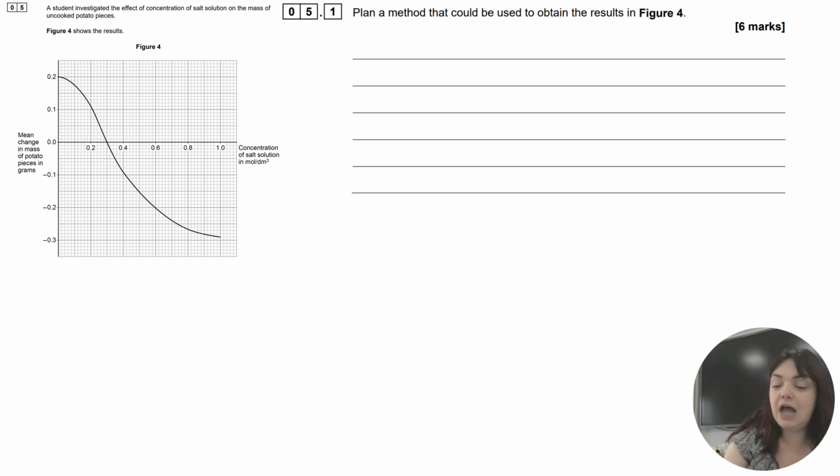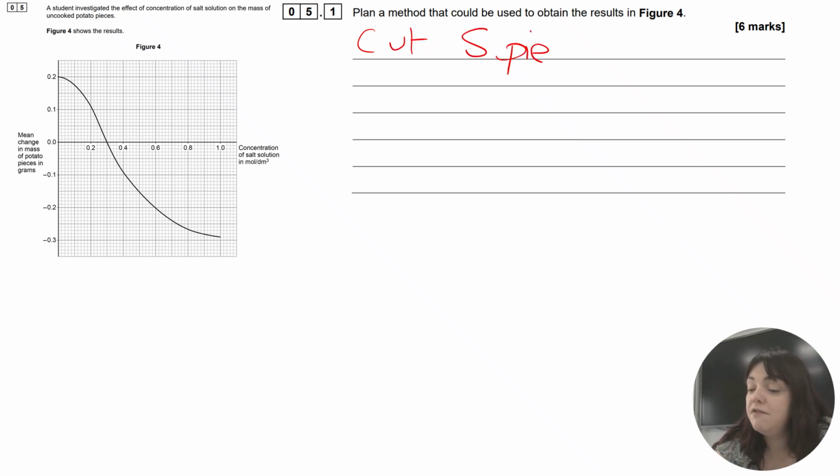So first thing that I would say is to cut out and record the start mass of, how many different concentrations have we got there? Well, it doesn't really matter, does it? We'll say 5 pieces of potato. So cut 5 pieces of potato and record start mass.